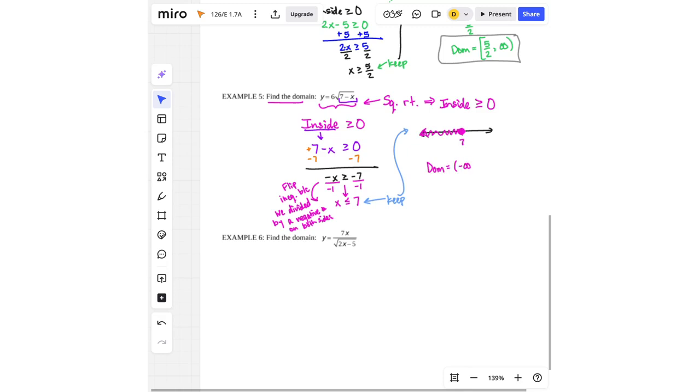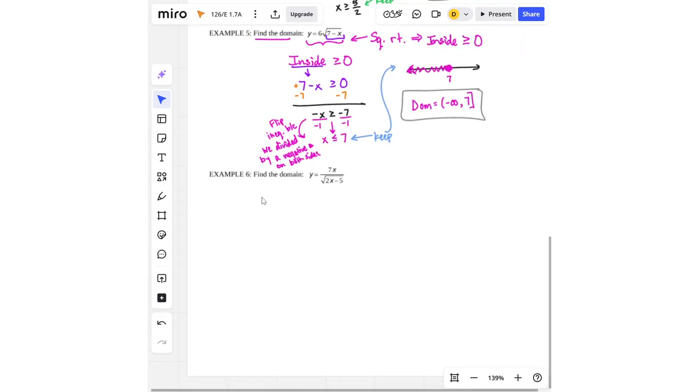That would be negative infinity because this is going down and down forever. So negative infinity up to 7, and it was a closed dot at 7, so we would put a bracket here. This would be the domain of our expression. Let's go ahead and box that. That would be your final answer for example 5.